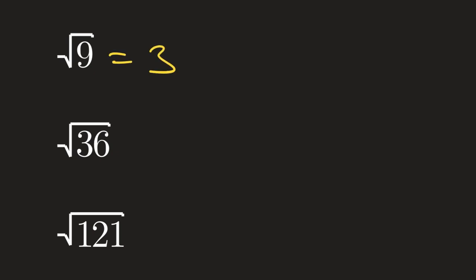The square root of 9 is 3. Where does 9 come from? 3 times 3. The square root of 36 would be 6. The square root of 121 would be 11. So again, these are things that I think you are familiar with and you have had some experience with.